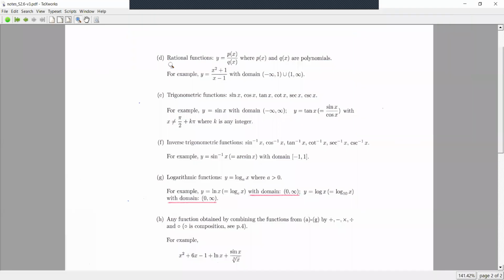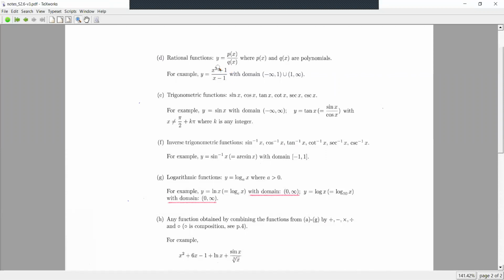D, rational functions. A function of a polynomial over a polynomial is called a rational function. Just like an integer over an integer, people call that number a rational number. This is a rational function, polynomial over a polynomial. The domain of this function is any number except 1.